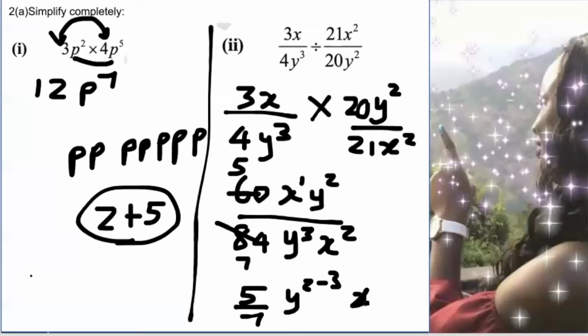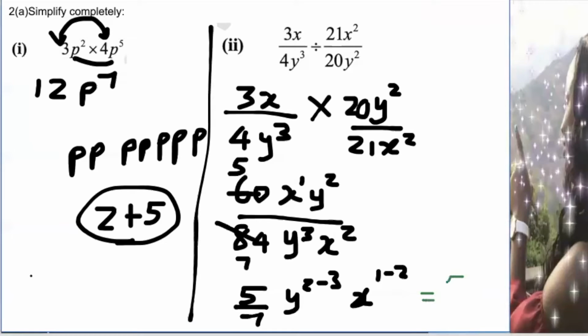Same case for variable x, we write the base once and subtract the power, 1 minus 2. So then we go ahead and simplify. We will have 5 over 7, then subtracting the power, so 2 minus 3, that's minus 1, so we have y to the negative 1, and 1 minus 2, that's a negative 1, so that's x to the minus 1.